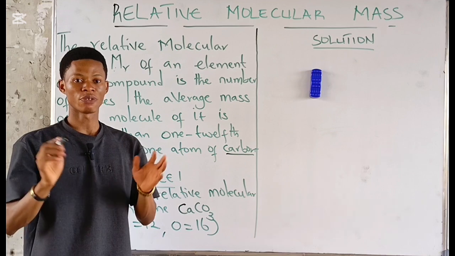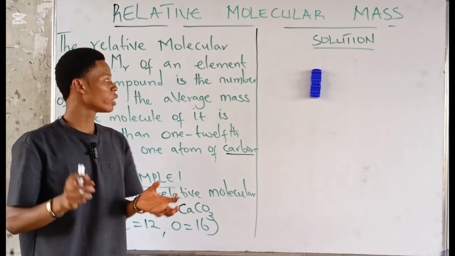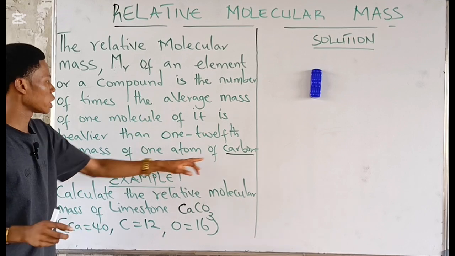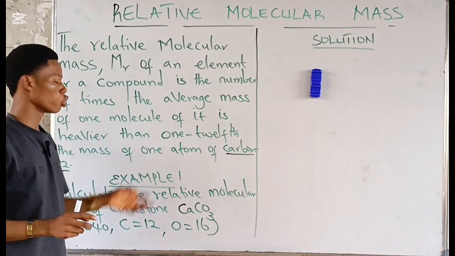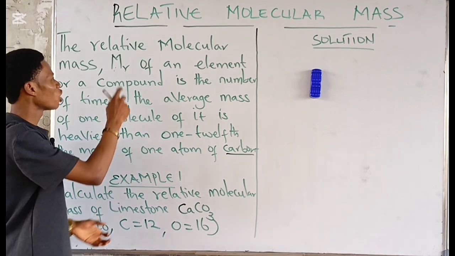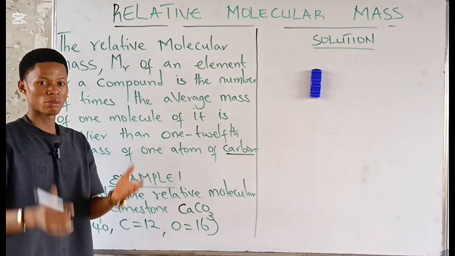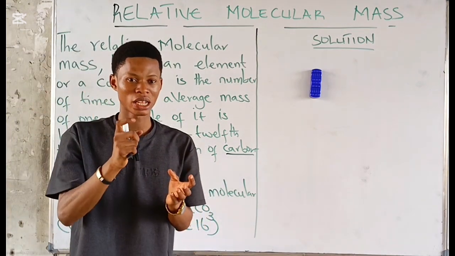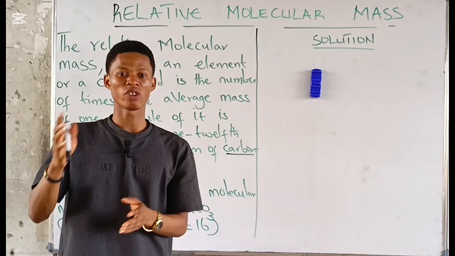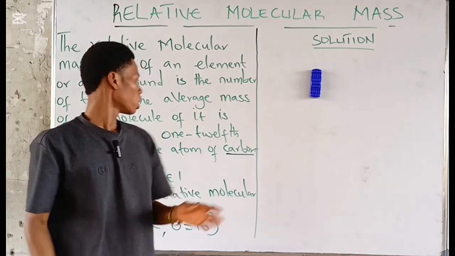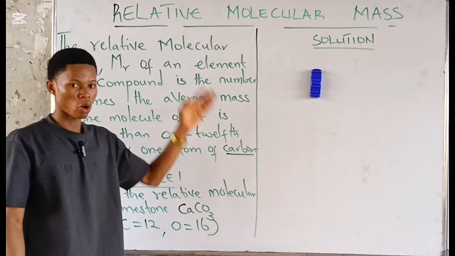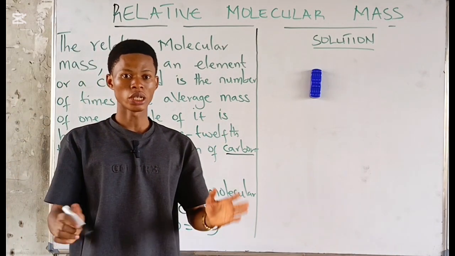So you are comparing an element or a compound with the mass of one atom of carbon-12. The average number of times the mass of that element or compound is heavier than 1/12 the mass of one atom of carbon-12 is called the relative molecular mass.